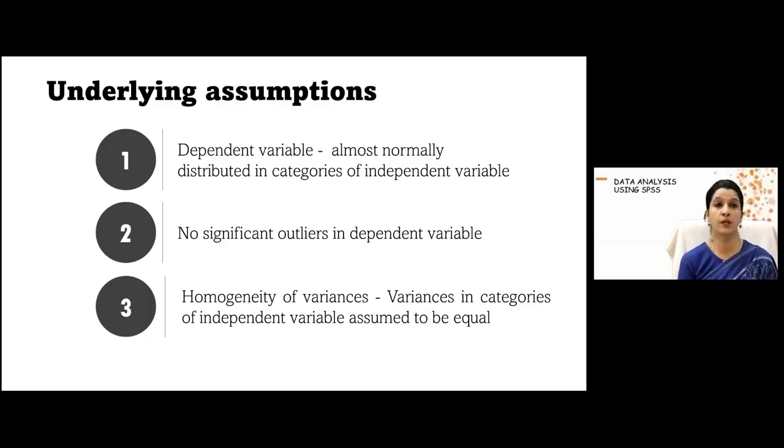We have discussed this in the independent sample t-test, so I'm not going into the detail of this. We will just see the same thing again. We apply the Levene test of equality of variance. If the p-value of the Levene test is more than 0.05, then we assume that equality of variance is assumed.